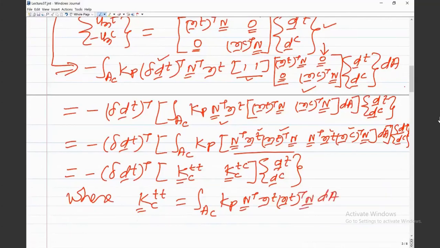So this is kctt, and similarly we have kctc, that's also contact stiffness but involving the target and contactor both. So integration over contact area kp into, we have the N transpose into NT, and then we have NC transpose into N dA.